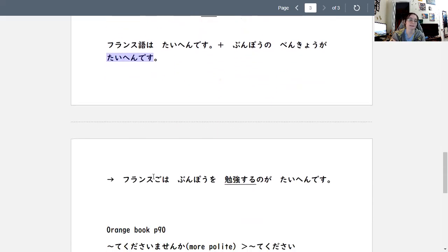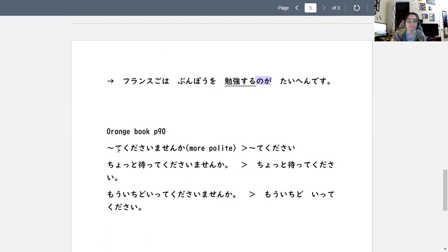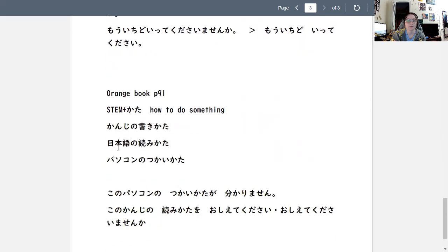In combining those, you would say, フランス語は文法を勉強する, because 勉強します is the masu form of 勉強する, which means to study. So 勉強するのが大変です. And then there's two more of these.